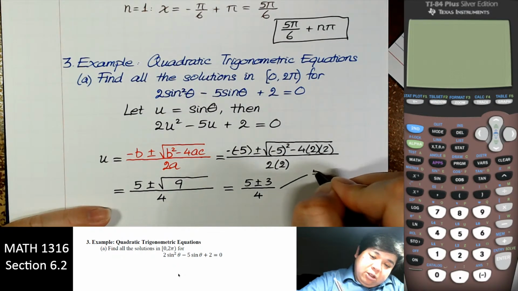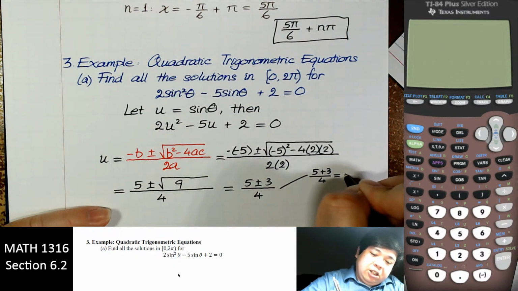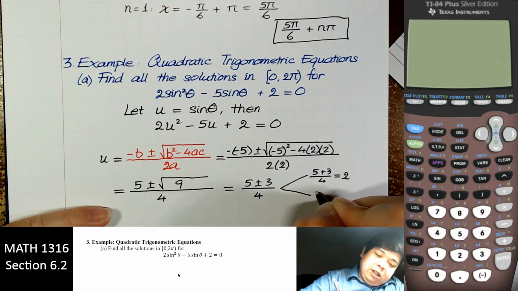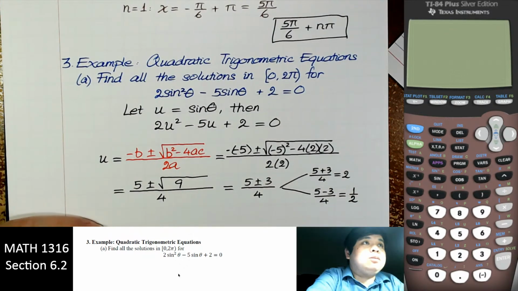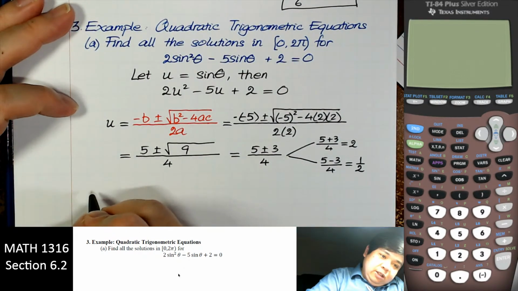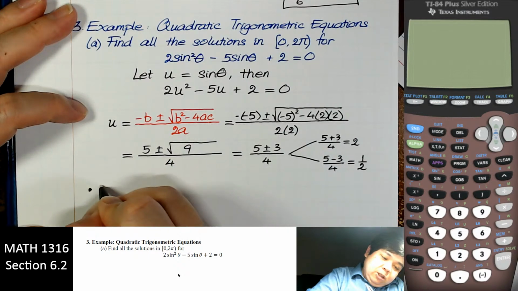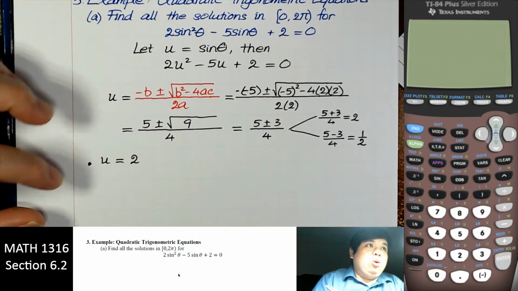So 5 plus 3 divided by 4 is 2, and 5 minus 3 divided by 4 is 1/2. So we have u equal to 2, and then u equal to 1/2.